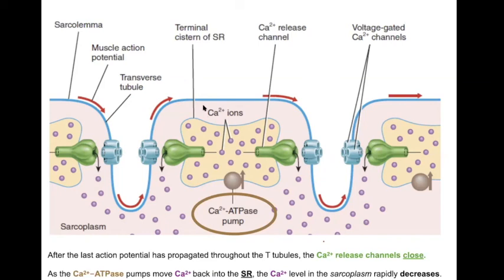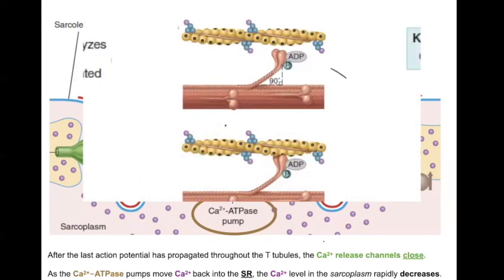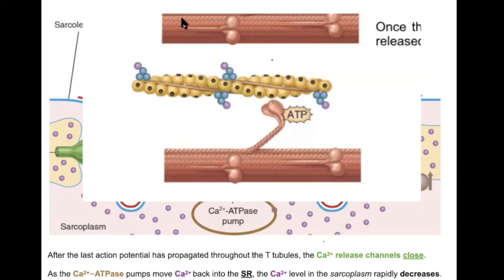So for all this, one of the questions in the book is, what are the three roles of ATP in this? The first one is that whole interaction where ATP is hydrolyzed to ADP to get the myosin ready into the cocking position. Then after the power stroke, ATP is needed to release that.